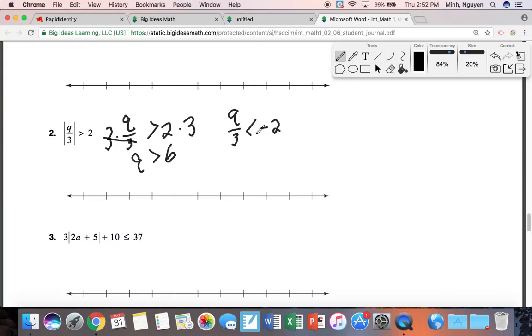Q is greater than 6, multiply by 3. We are not multiplying by a negative number, so nothing has to switch, as a reminder. Even though that negative 2 is a negative number, it's not the number that we're multiplying by. We're multiplying by 3. So negative 6 and greater than 6. So we have q is greater than 6, q is less than negative 6. These are going to be going off in opposite directions.